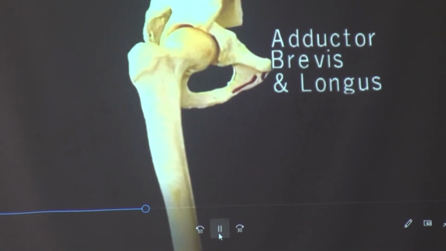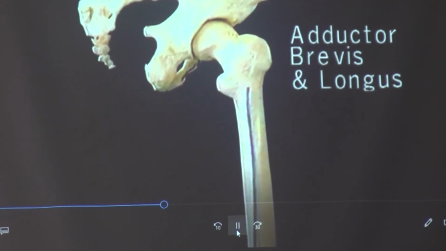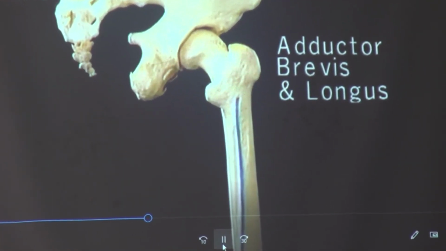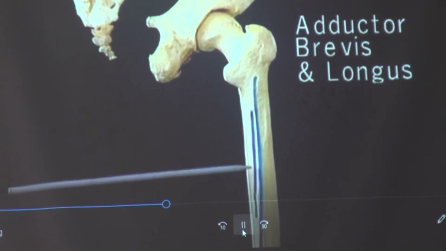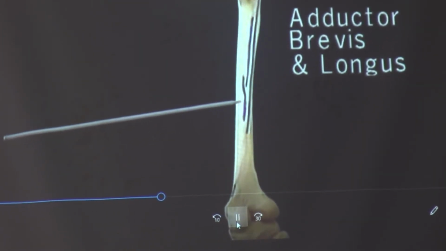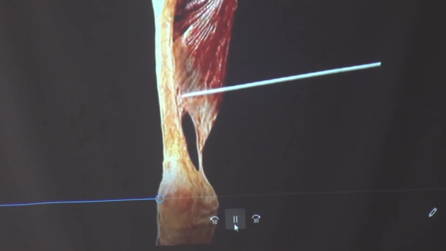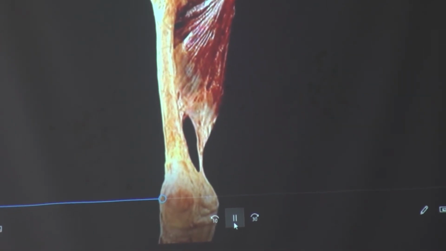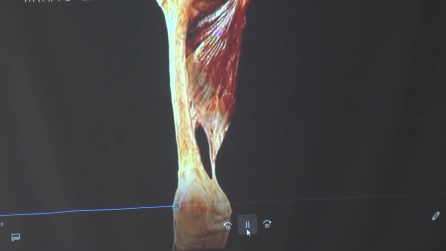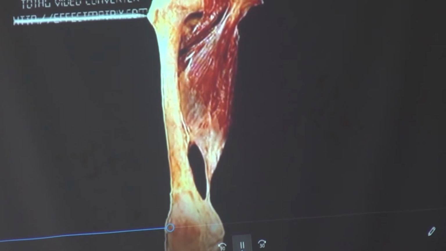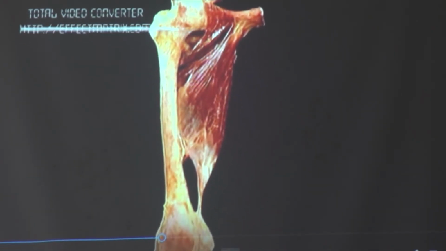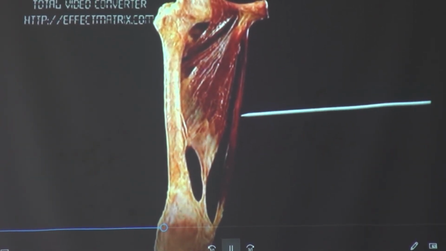That's the adductor brevis, and the other attachment is the adductor longus attachment, and both have attachment to the linea aspera. So the proximal aspect is the adductor brevis attachments, whereas the distal aspect is the adductor longus attachment. So that's the adductor brevis and the longus, and the adductor longus is usually involved in the groin strain.